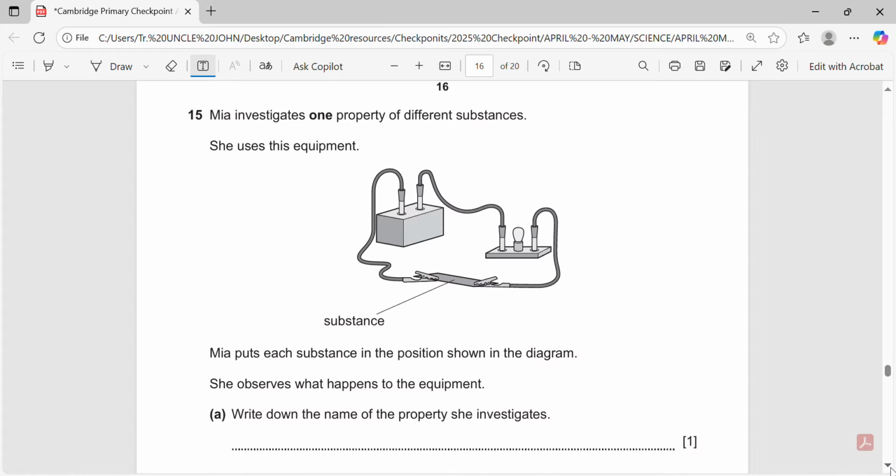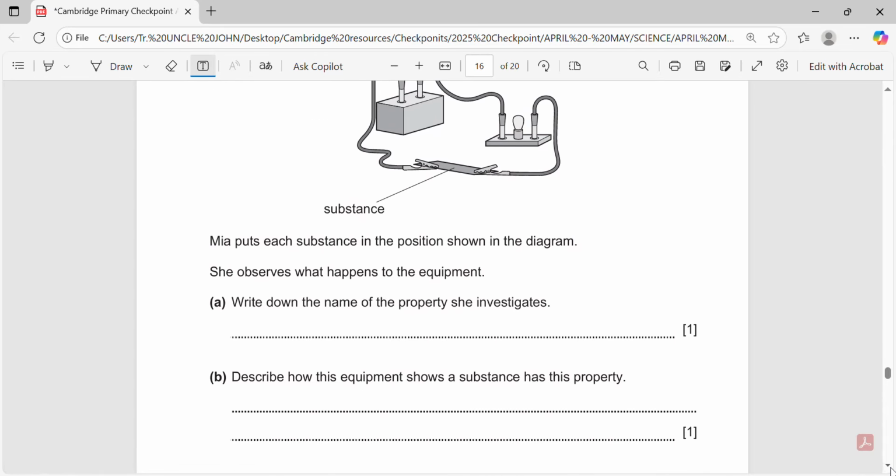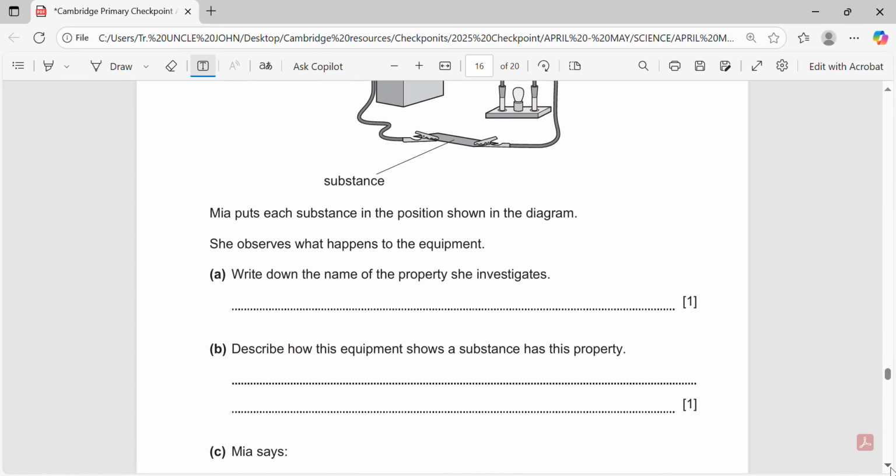Maya investigates one property of different substances. She uses this equipment. The substances here, you can see it. Maya puts each substance in the position shown in the diagram. She observes what happens to the equipment. Write down the name of the property she investigates.